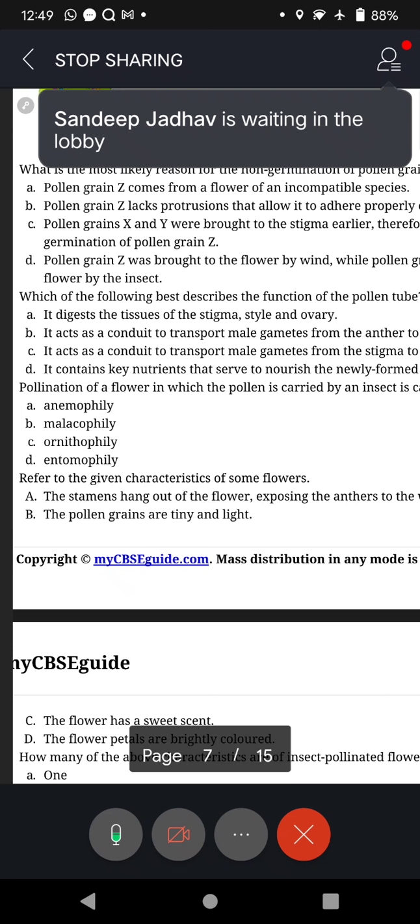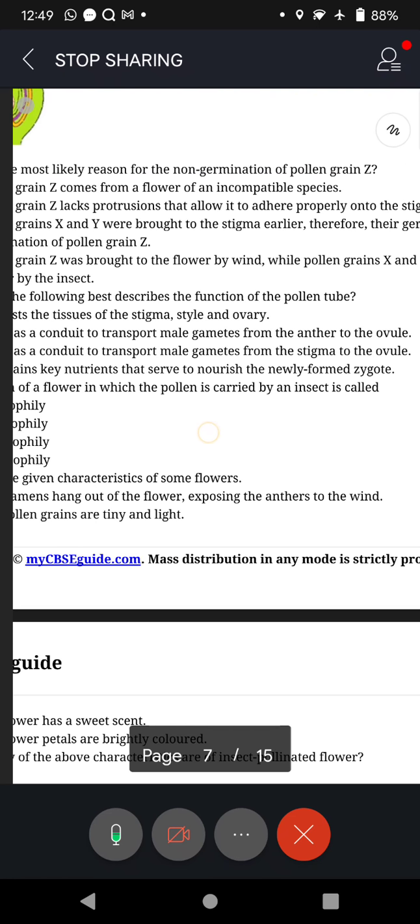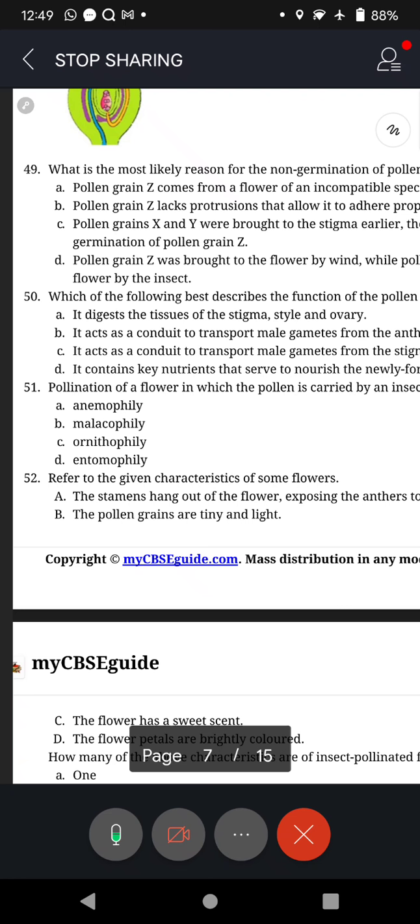And fourth, it contains key nutrients that serve to nourish the newly formed zygote. So, what should be the answer? C. Yeah, why C? It is acting as a conduit to transport male gamete from stigma to the ovule. So, the nearest choice that we can have is C, isn't it?